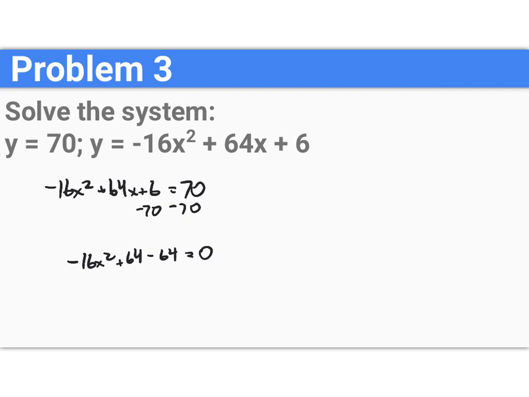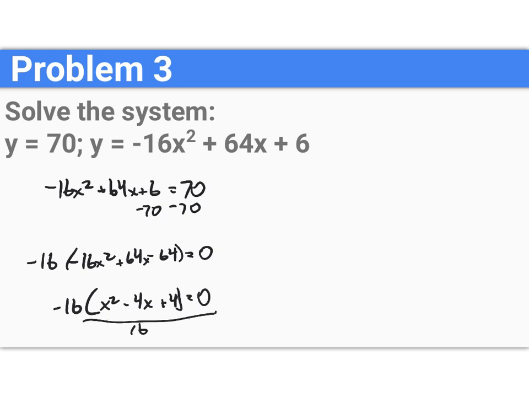Factor out a negative 16. So negative 16 times the quantity x squared, 64 divided by negative 16 is negative 4x, negative 64 divided by negative 16 is positive 4, equal to 0.